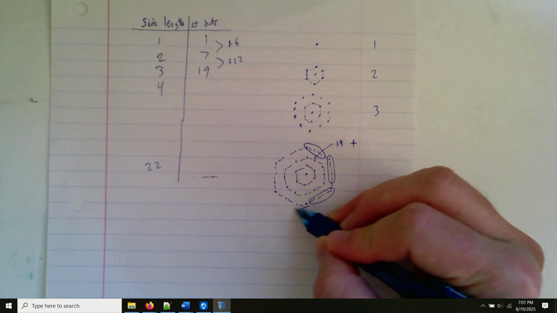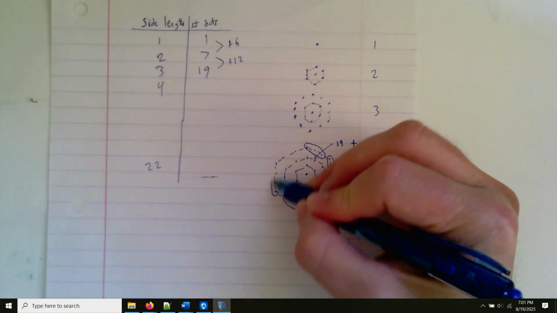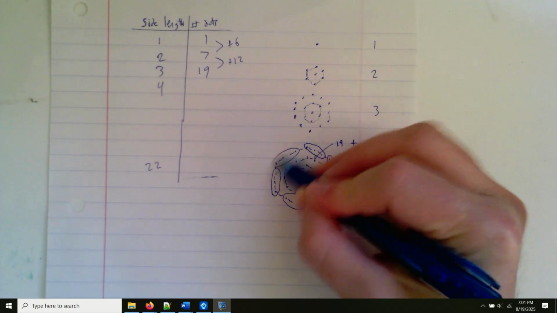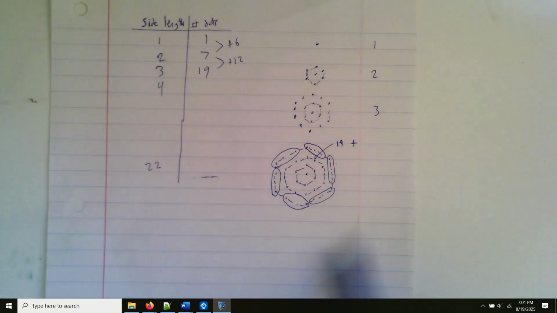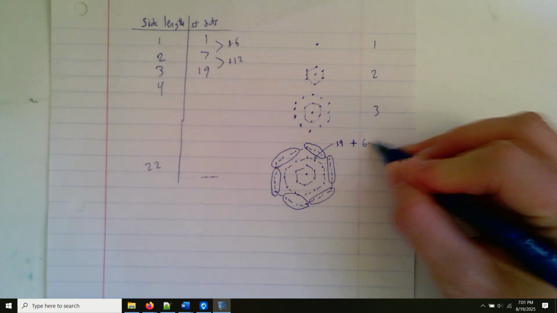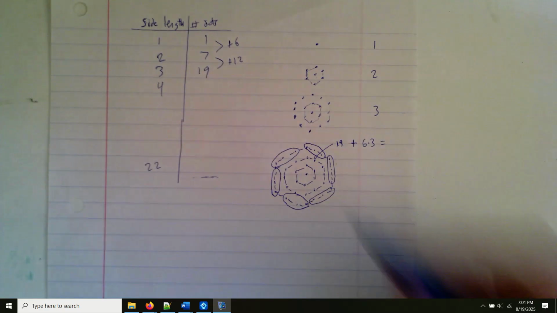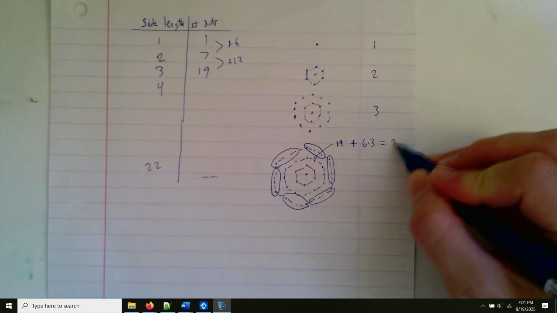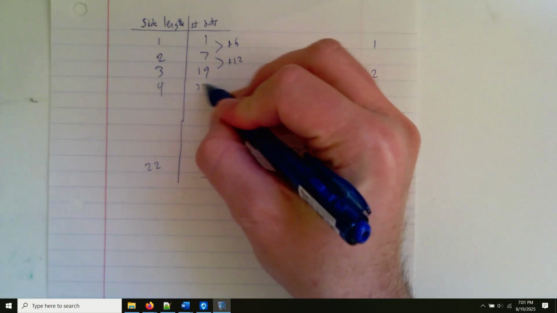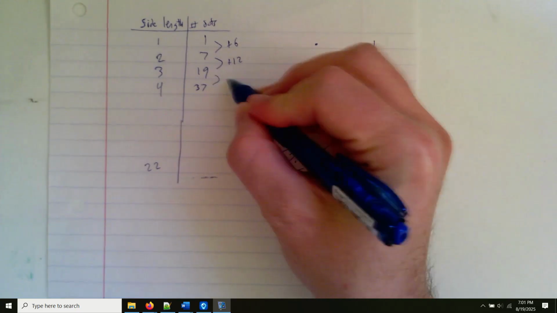And then the 4th one will be part of the next edge. So you can see I've got 6 sides, so 6 groups of 3. So altogether, that's 19 plus 18 is 37. And we said this was plus 18.